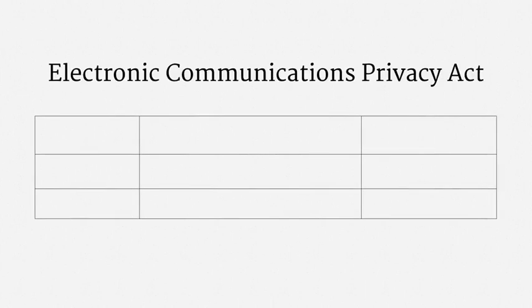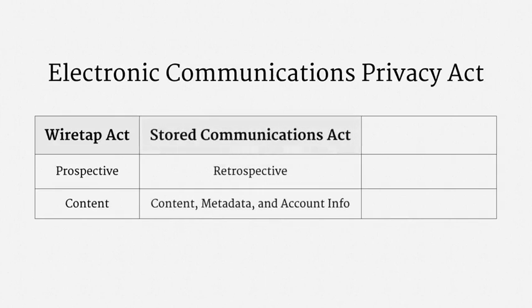ECPA has three major parts. First up is the Wiretap Act. It's the same Wiretap Act we saw earlier. That part of ECPA deals with prospective collection of communications content. The second part of ECPA is the Stored Communications Act, or SCA.